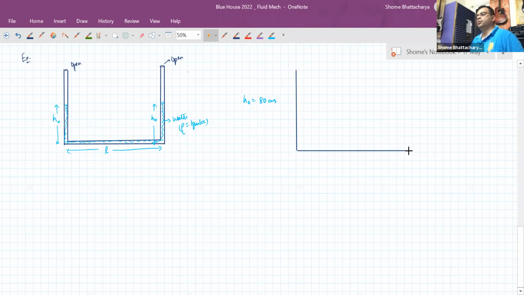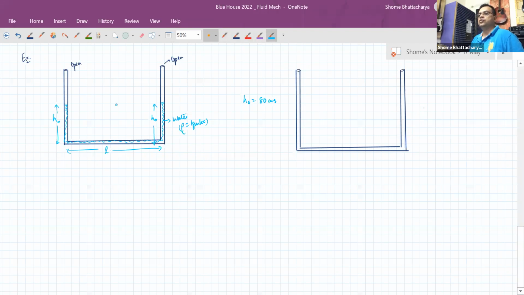So let's say on pouring kerosene on the left hand side, kerosene being an immiscible fluid, there will be a layer of kerosene which is floating on top of the water. So that column of kerosene which is floating on top of water, let us say that height of the kerosene column is observed to be some x.